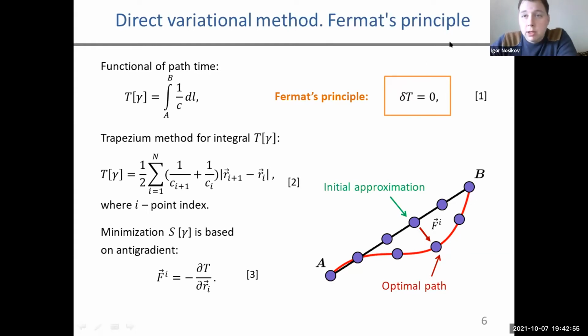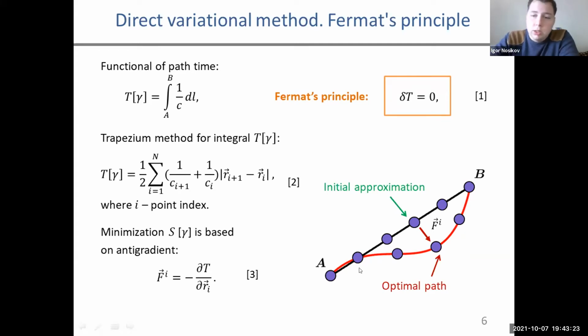In practice, how does it work? We have a boundary problem, for example, endpoints A and B, and we have to start from some initial approximation. For example, it could be an absolutely random trajectory, and then we disturb this trajectory in order to satisfy the Fermat principle.